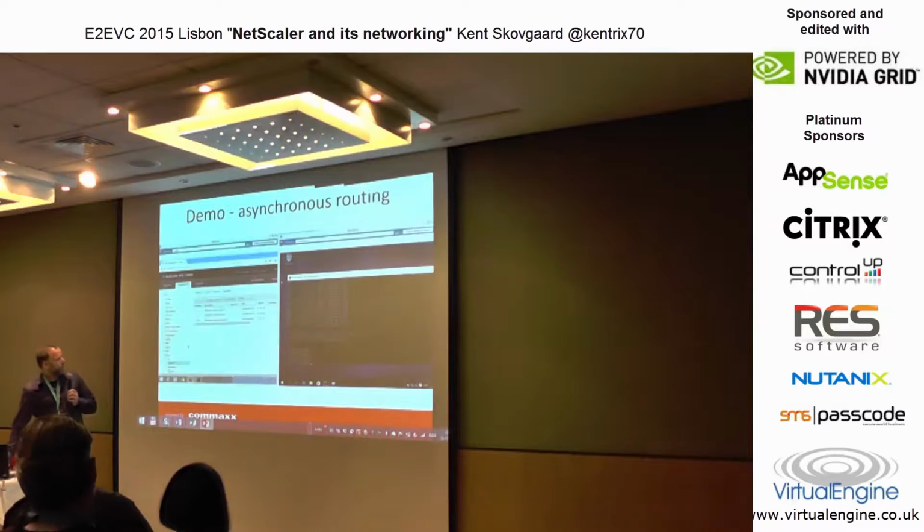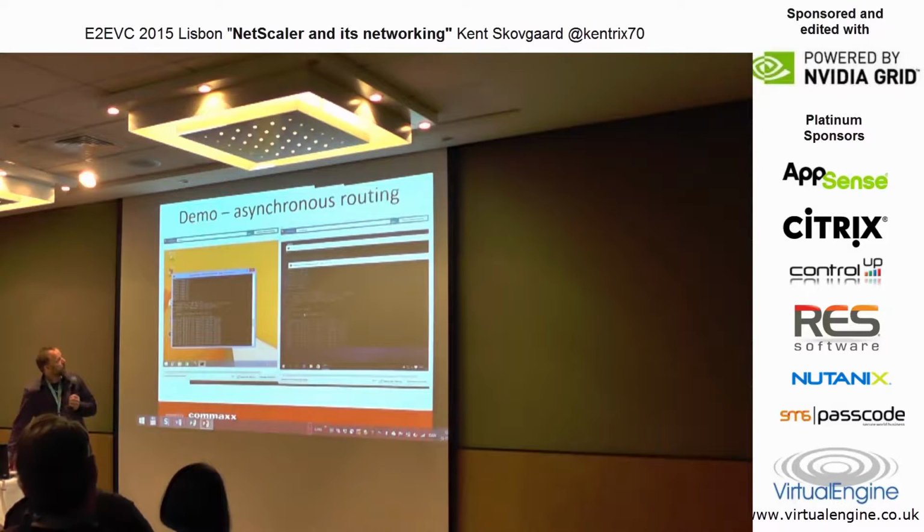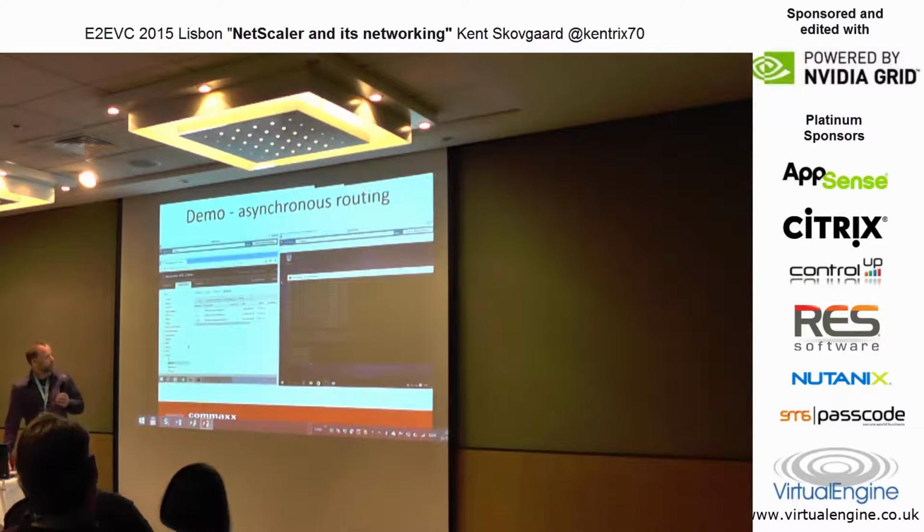I was planning on showing you the asynchronous routing because now we disabled the routing for other IP addresses than the NetScaler's own, but it's still routing its own addresses.